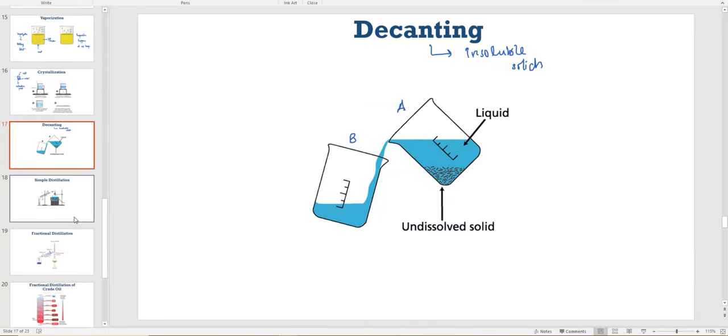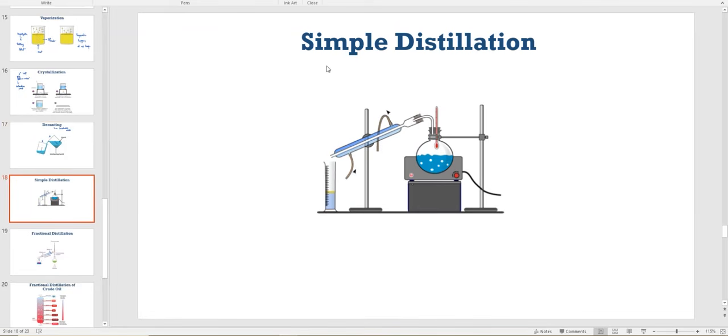So the crux, the heart of this chapter, is distillation, and it is tested very frequently in exams. First, we need to understand the basic principle of distillation.